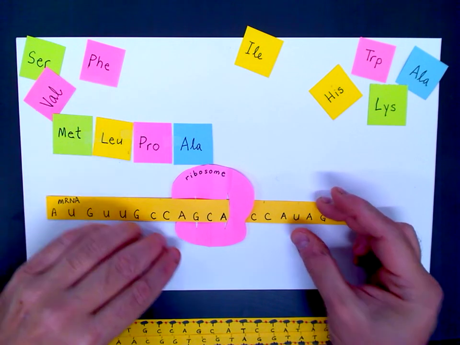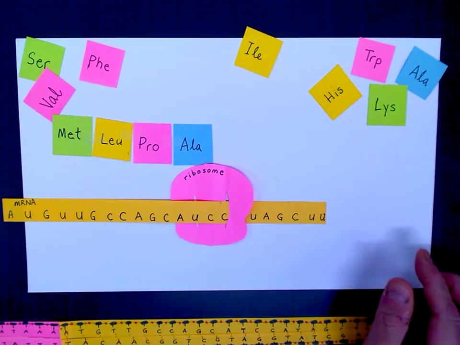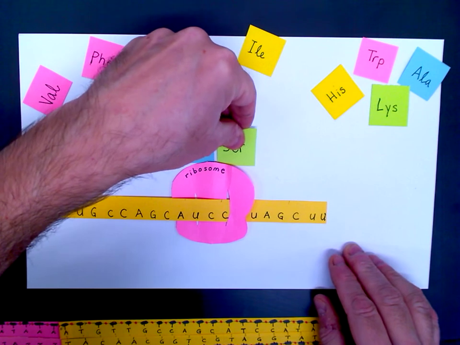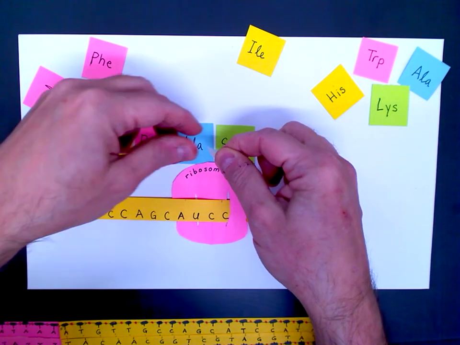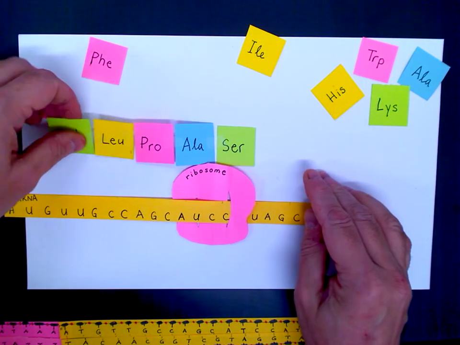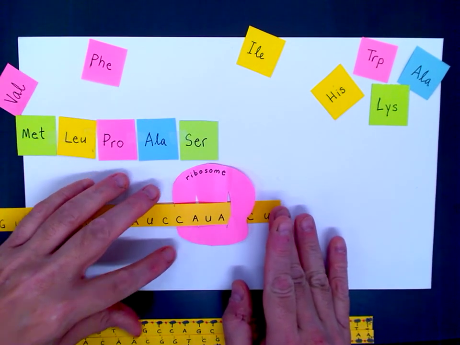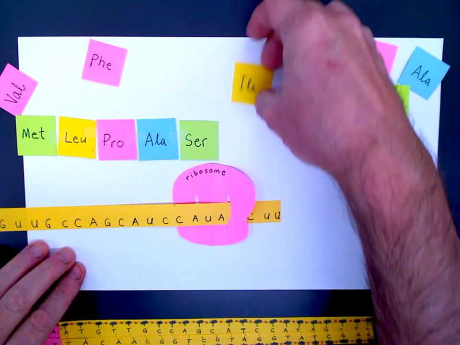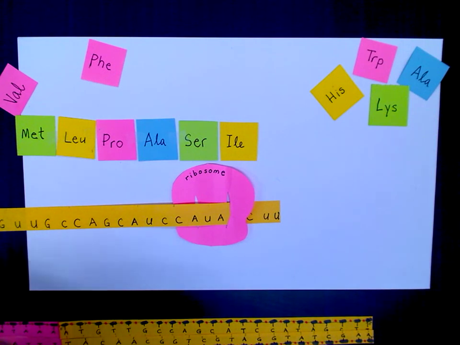So that's GCA. Now it's going to be UCC, which is going to be serine. There we go, serine. And it shifts. And then it's going to be AUA, which is isoleucine. This is one of the amino acids that has an exception to the first 3 letters rule.